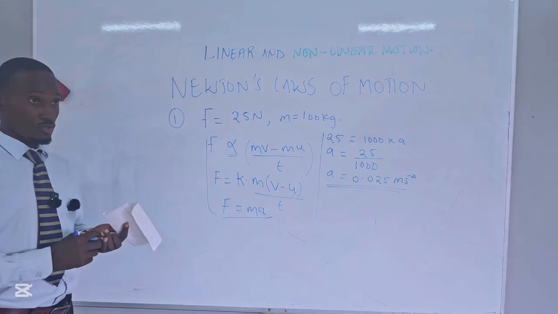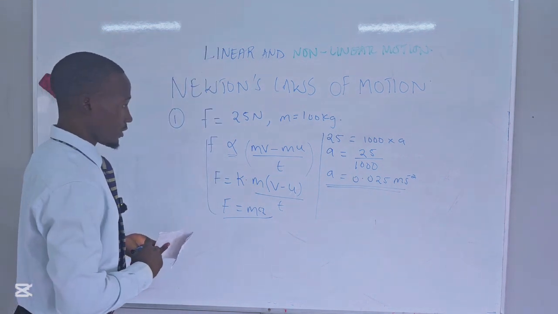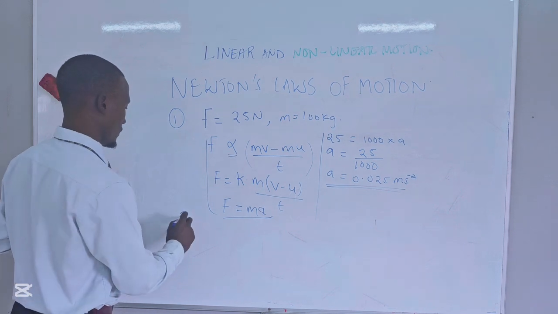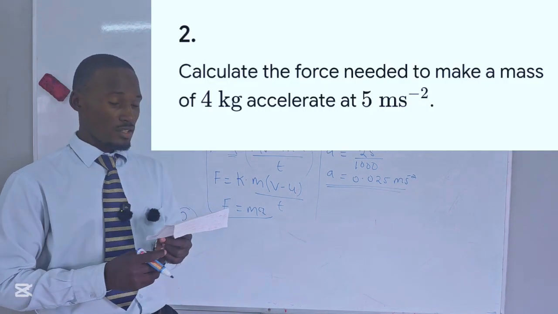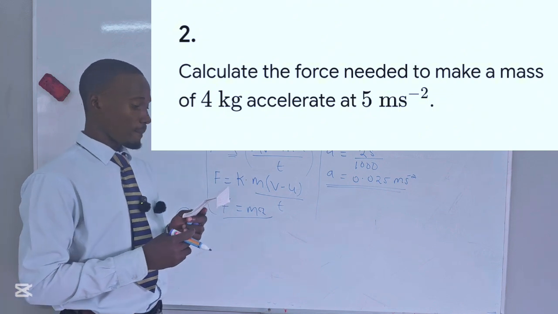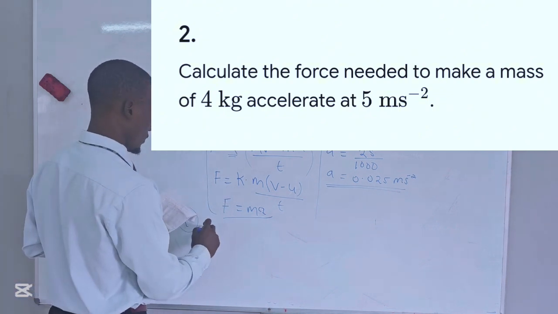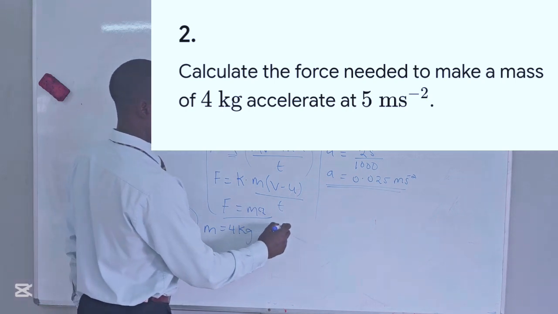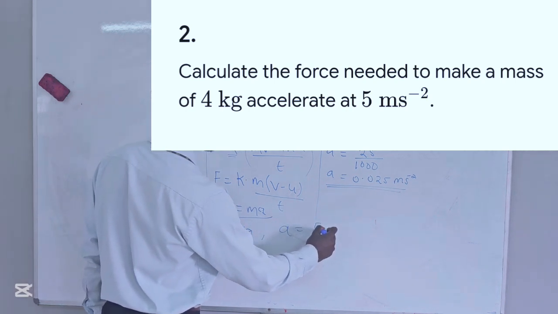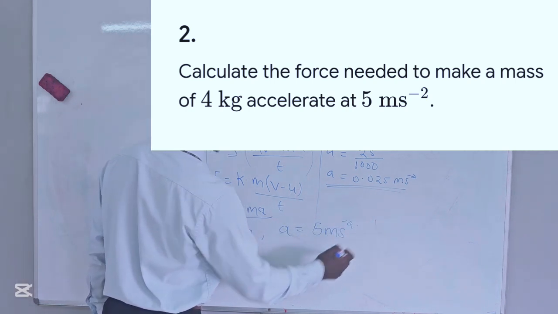Let's look at question 2 in that very same sense. Question 2 says, calculate the force needed to make a mass of 4 kilograms accelerate at a rate of 5 meters per second squared.